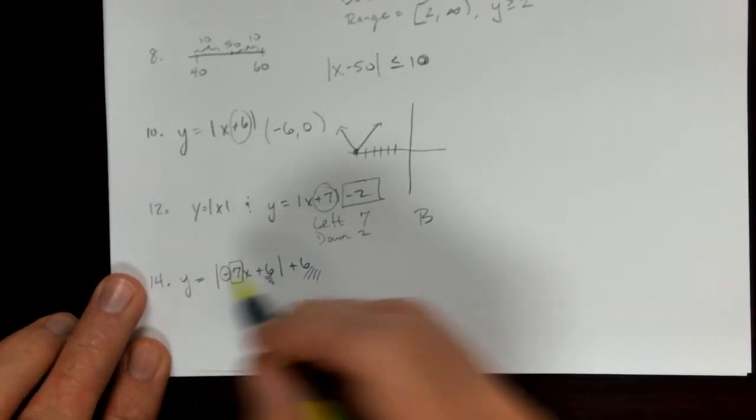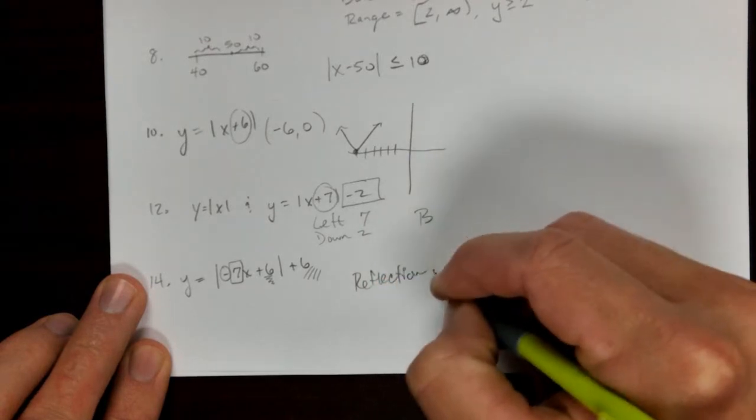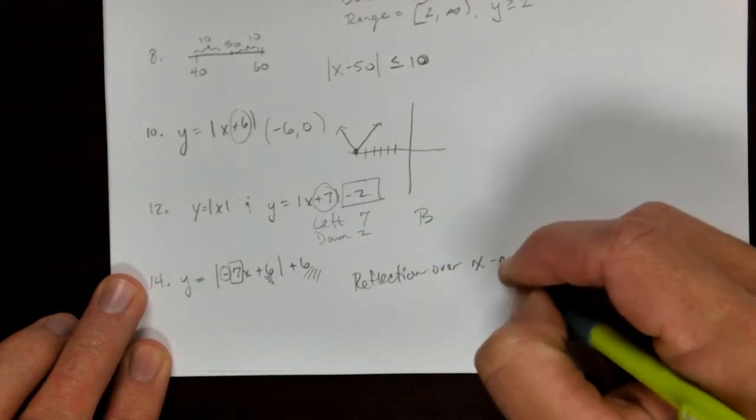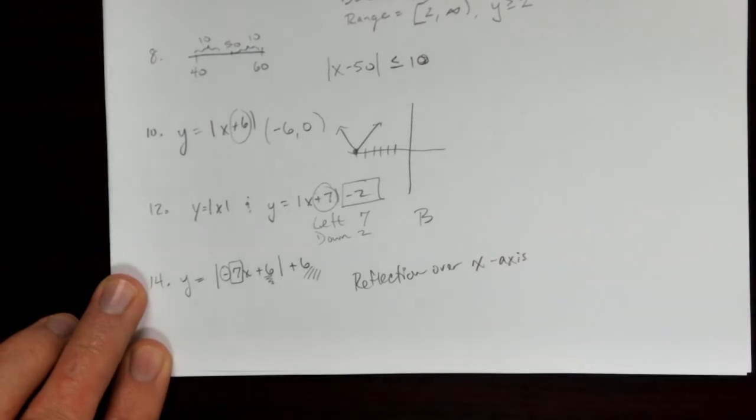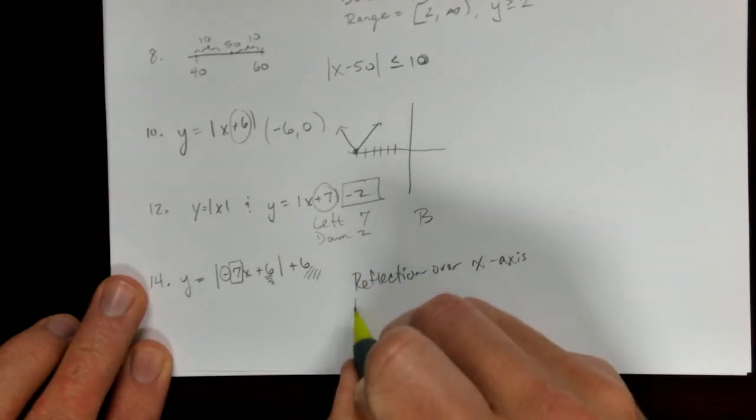The first one is a reflection over the x-axis. So it's going to open upside down now. It's going to open downward. The second one is a horizontal compression.